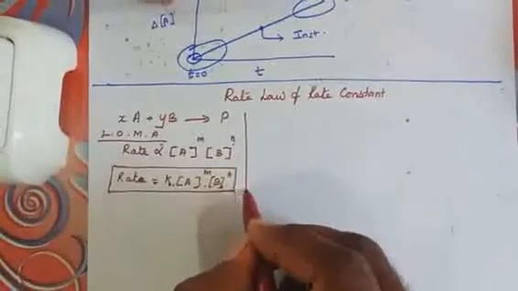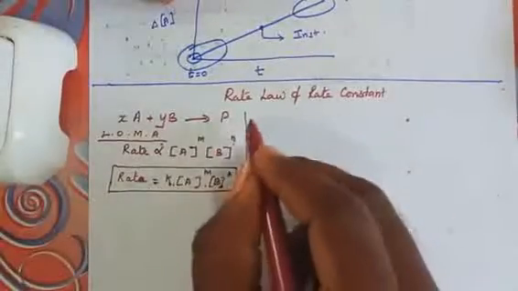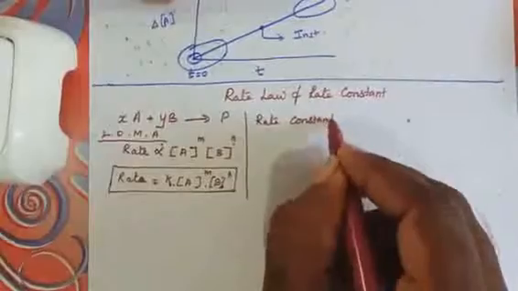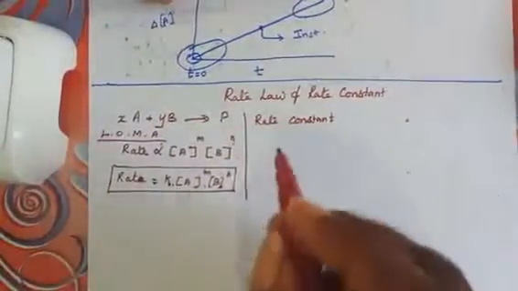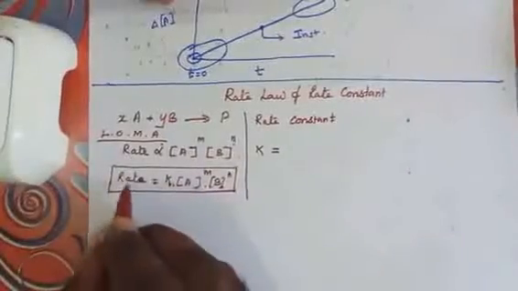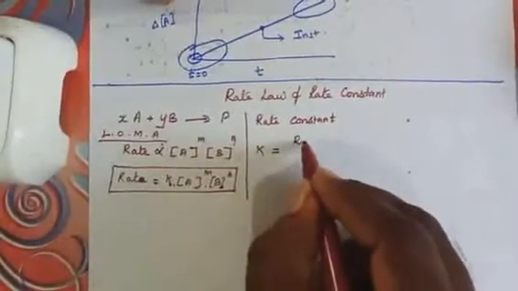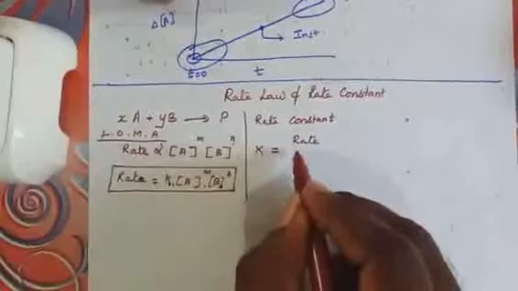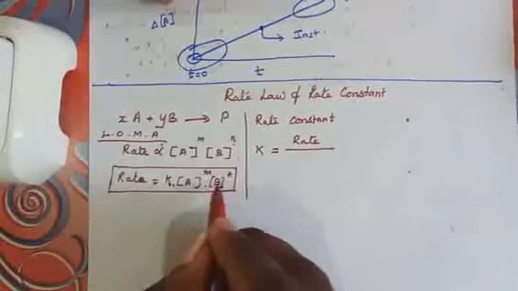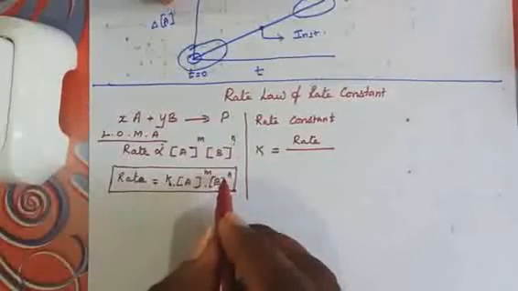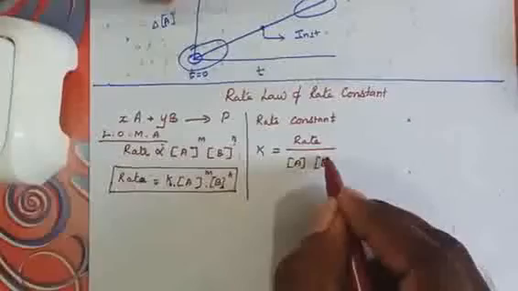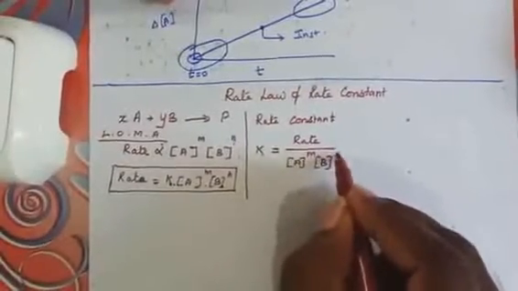In a similar way, by using the rate law, we may define the rate constant. From the rate law, the rate constant is equal to the rate divided by the concentrations, which are present in the denominator: concentration of A and concentration of B to the powers m and n.